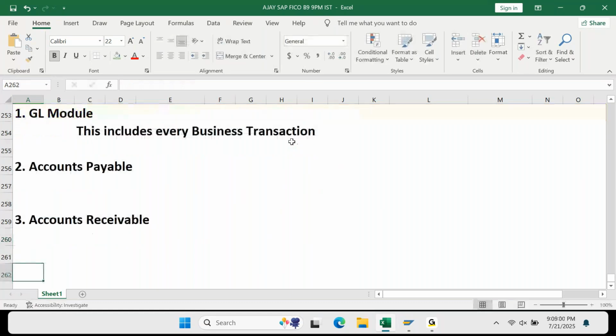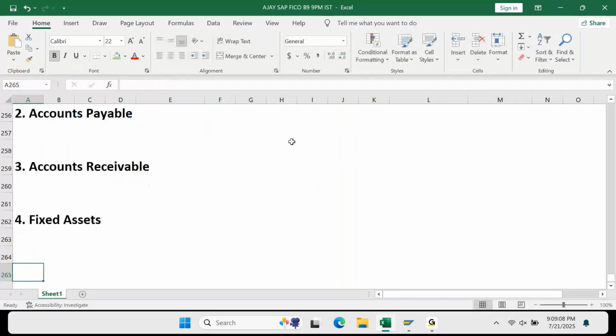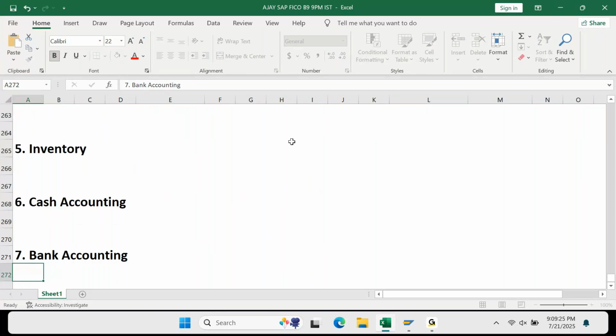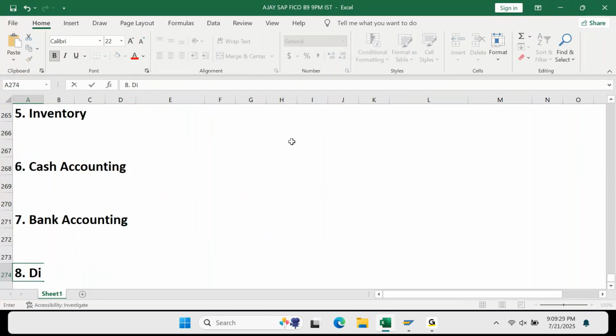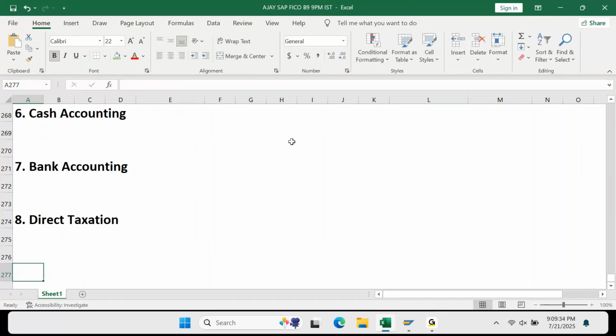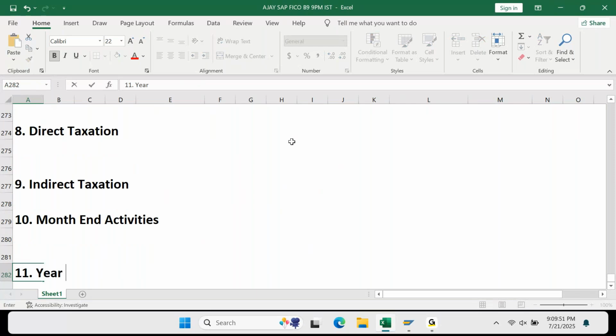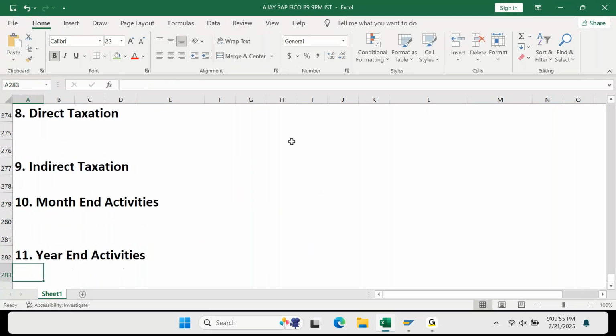Then you will have fixed assets, inventory, cash accounting, bank accounting, direct taxation, indirect taxation, plus month-end activities, plus year-end activities, and there are many other topics which will be included in the set.